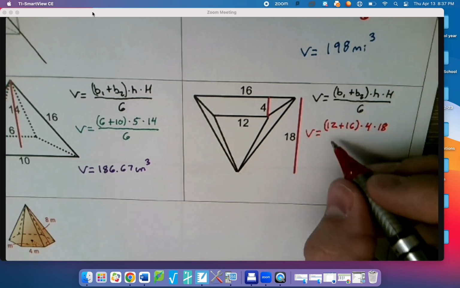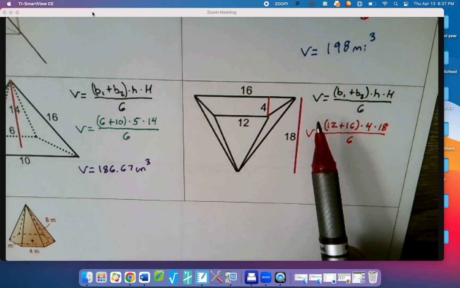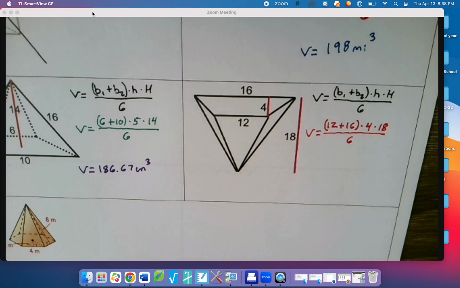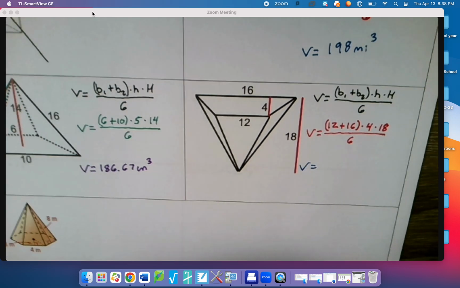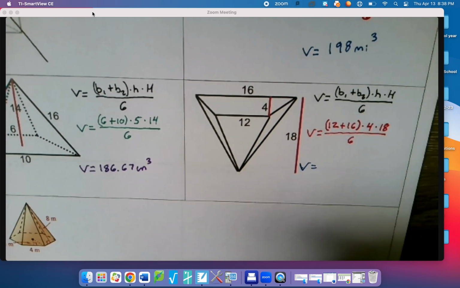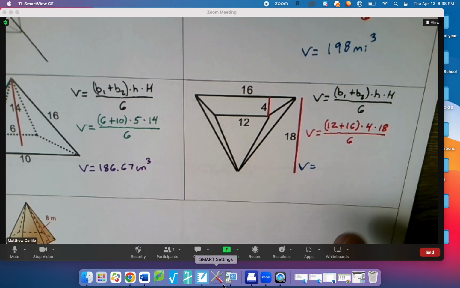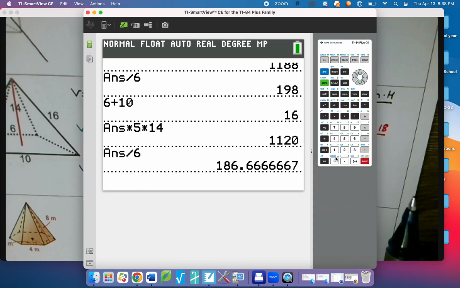That way you can see what numbers you're putting where, so you can kind of have a double check. Like, all right, is 12 really one of the bases of the trapezoid? Is 16 one of the bases? Is the 4 really the height of the trapezoid? Is the 18 really the height of the pyramid? That way, if there are more numbers on this and you're trying to figure out which one is which, you have a second look right there to make sure you didn't make any silly mistakes.